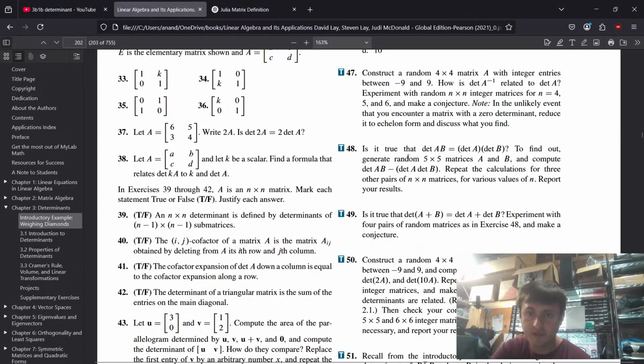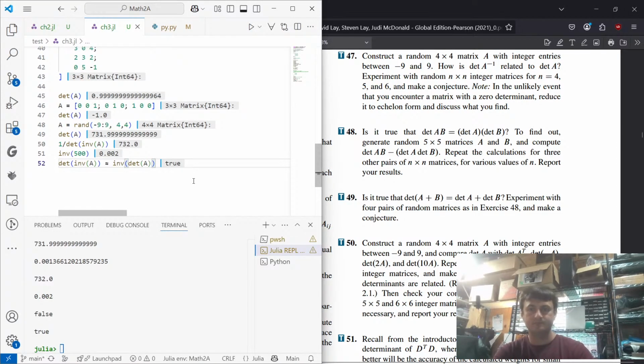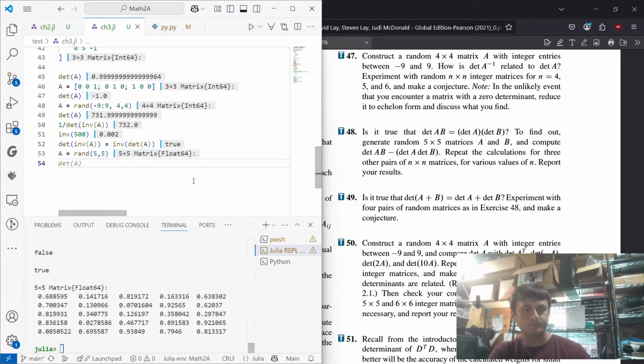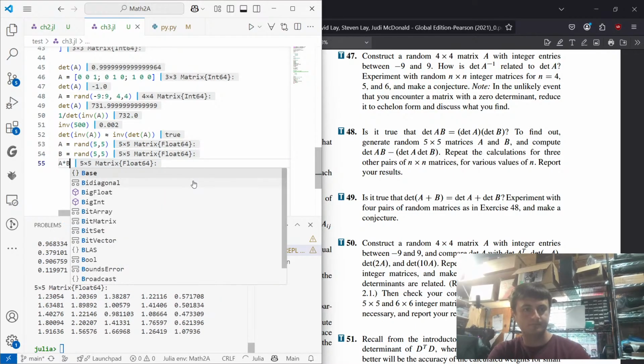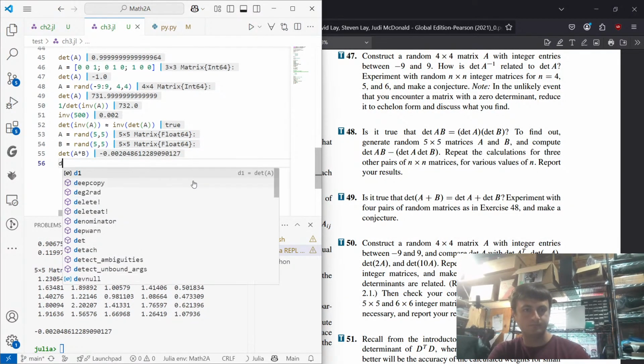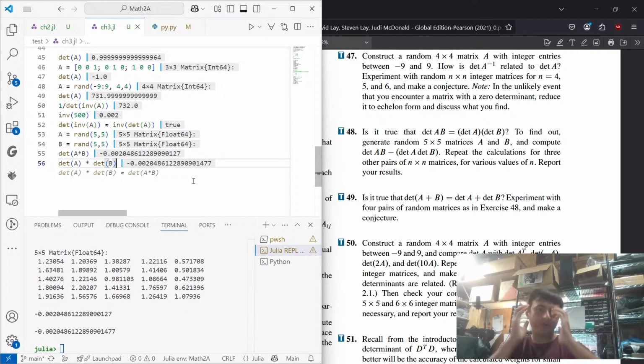All right, 48. Is it true that det AB is equal to det A times det B? Oh, it is.